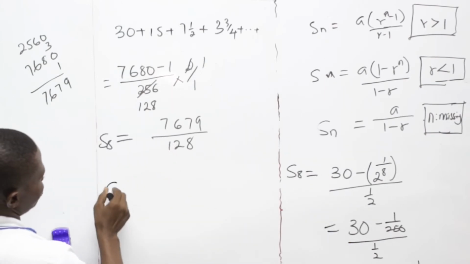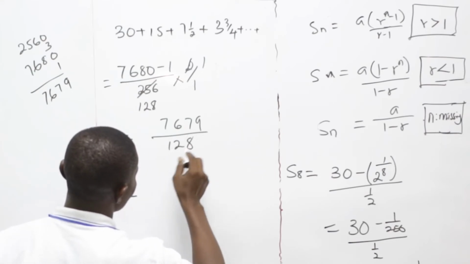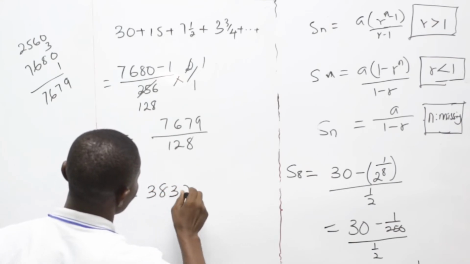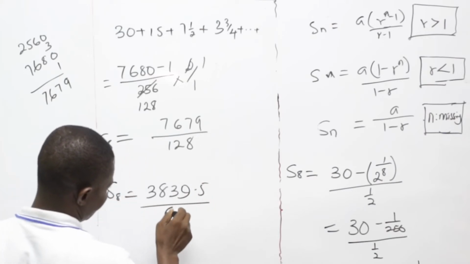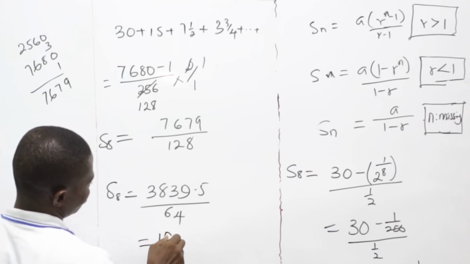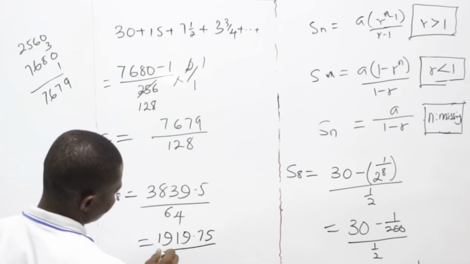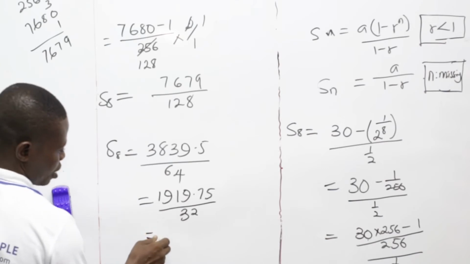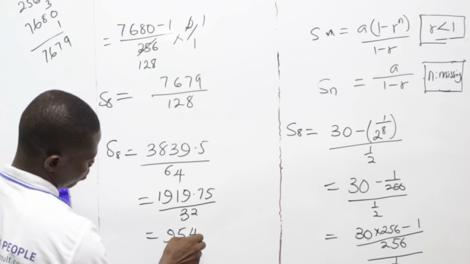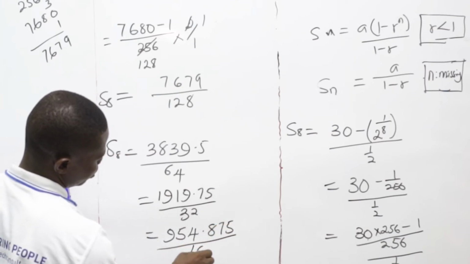To clear this, S8 equals... 2 here, 2 is 7, 3, 8, 3, 9.5, divided by 64. 2 go again, this is 1, 9, 1, 9.75, all over 32. 2 again, this is 9, remember 1, 5, 4.875, all over 16.